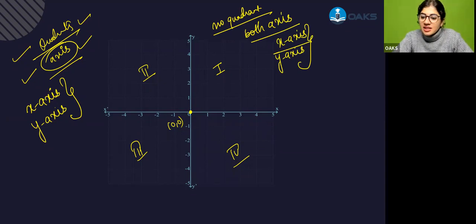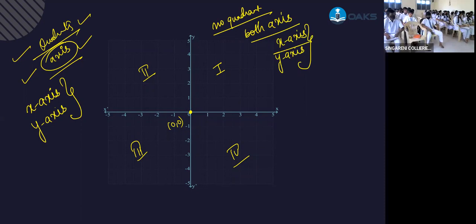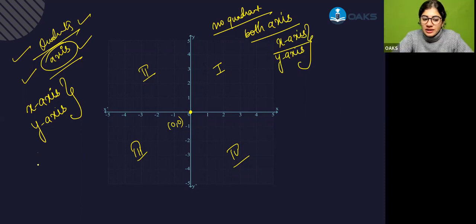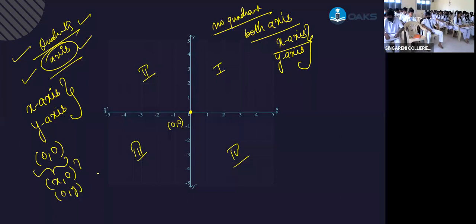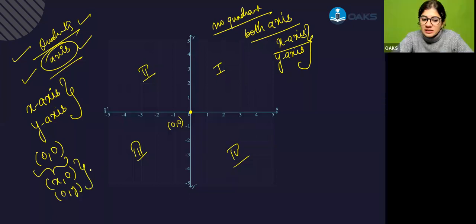But if I ask you the position, you will tell me according to quadrants or the axis, right? As I told you, 0,0. Now this point is of the form x, 0 and 0, y, both, right? It is the intersection of both of these. As this point lies on the x-axis and this point lies on the y-axis, this will satisfy both the conditions.